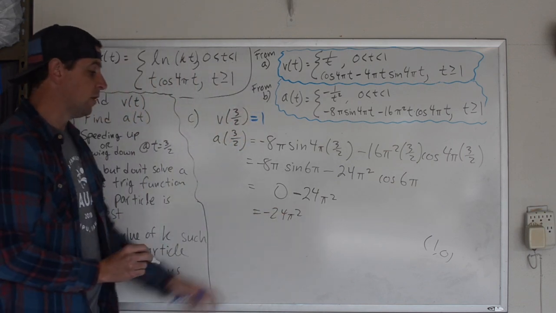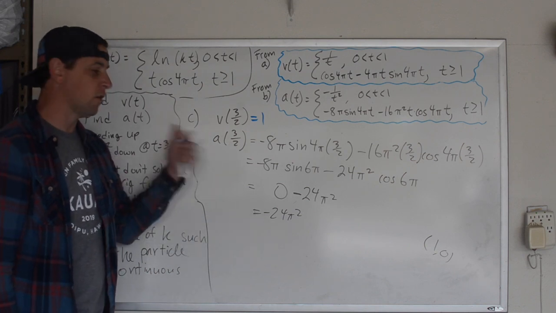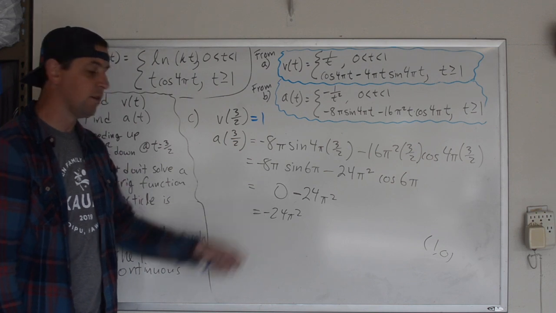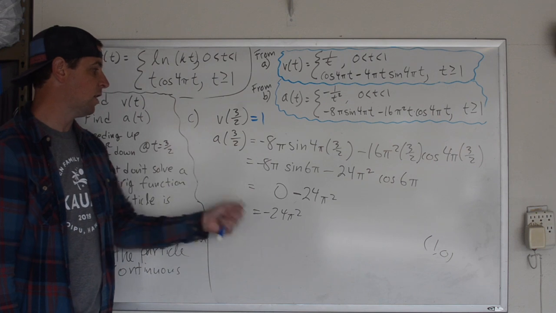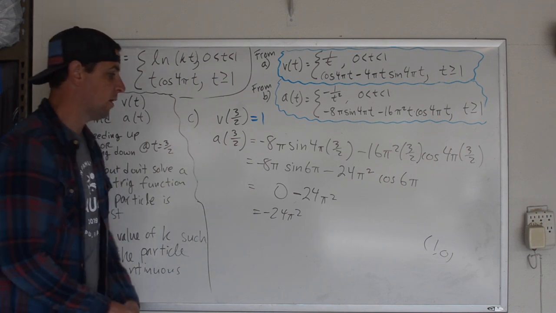Most importantly, we don't necessarily care a ton about what this number is, because they didn't ask me to find a of 3/2. All I need to know is whether this value is positive or negative. And we can clearly see it's negative. And so because my velocity is positive and my acceleration is negative, my particle is slowing down. And so that's what I want to write.